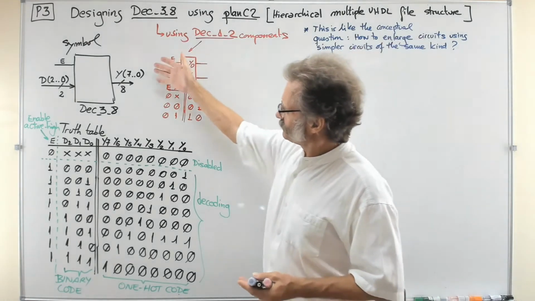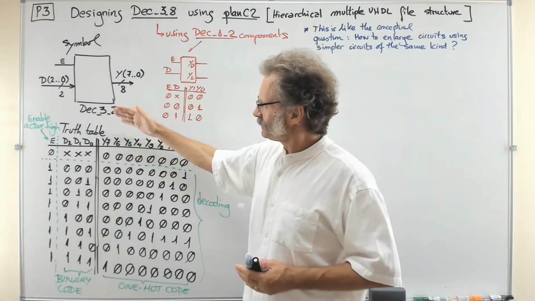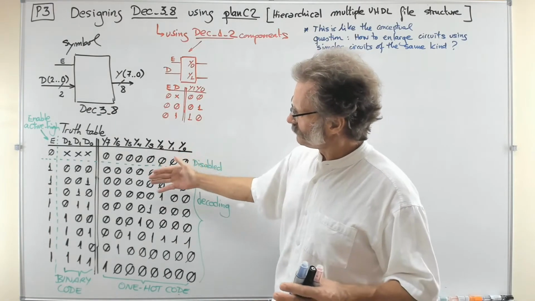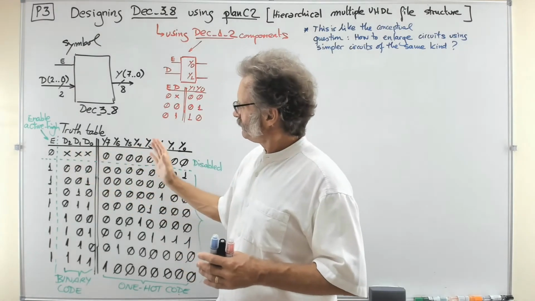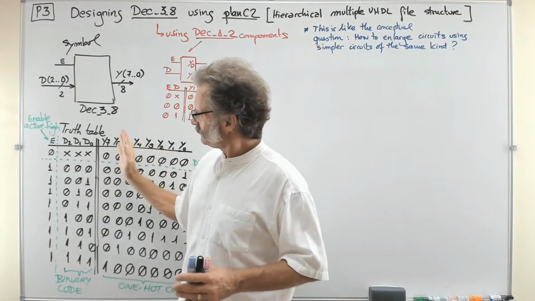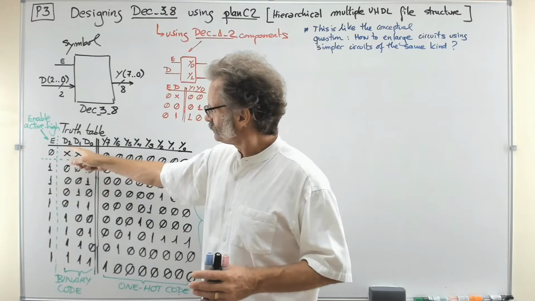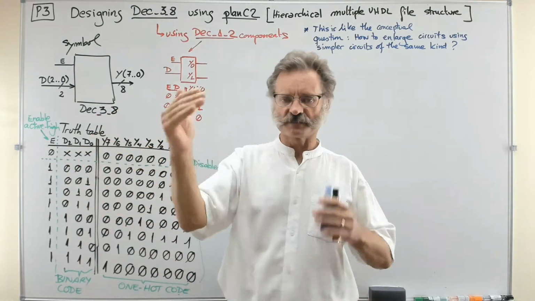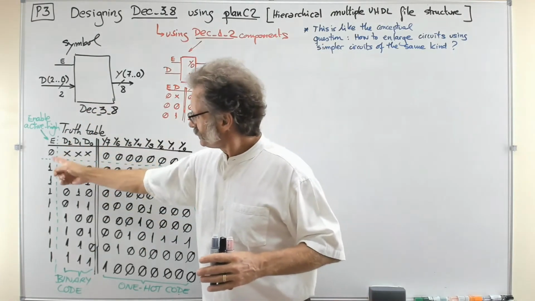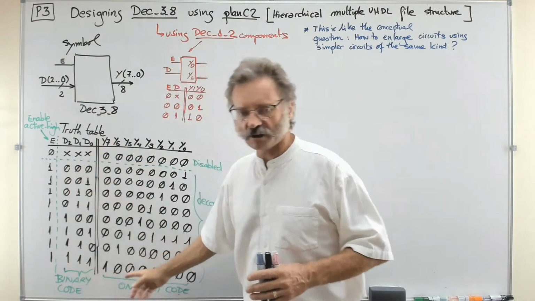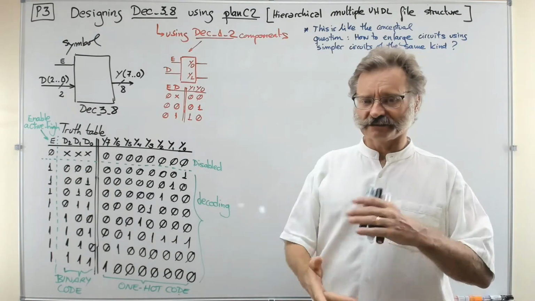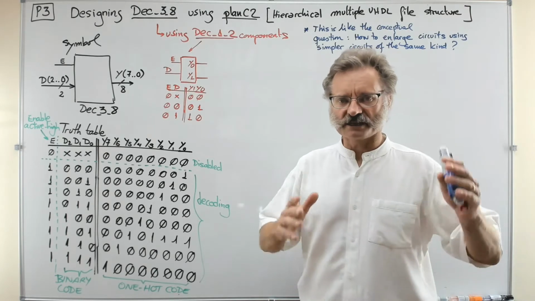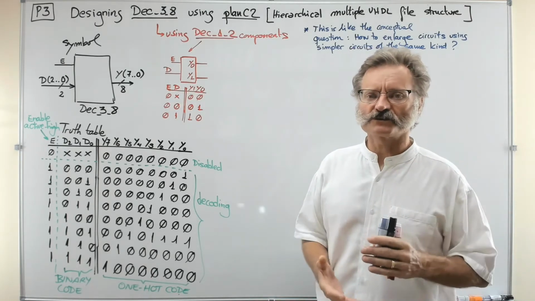So this is the symbol that we have in mind, the decoder 3 to 8, and that's the table, okay? That's the table as usual. We place the inputs on the left side of the table, E, data 2, data 1, and data 0, and we let them go combining from 0, 0, 0 down to 1, 1, 1, and at the same time we organize the table so that it has meaning for us from the point of view of the functionality of the circuit.